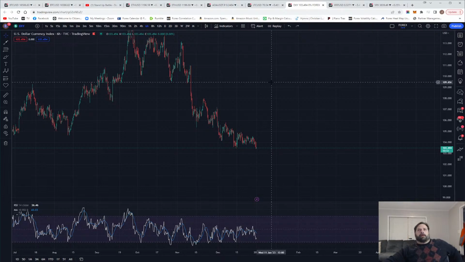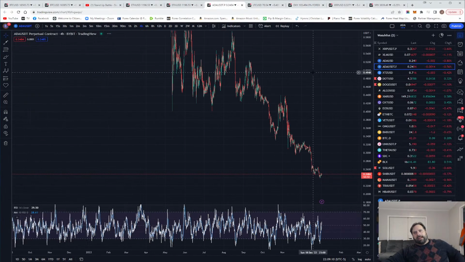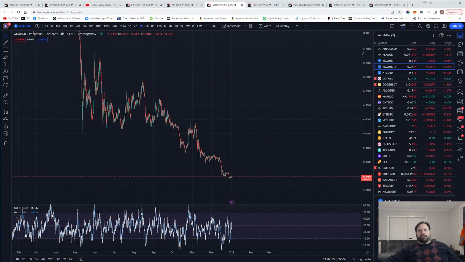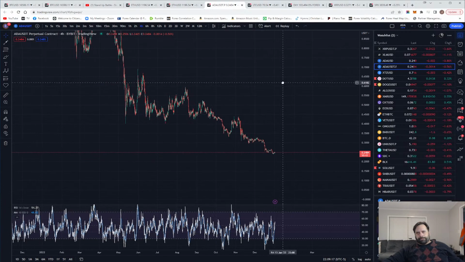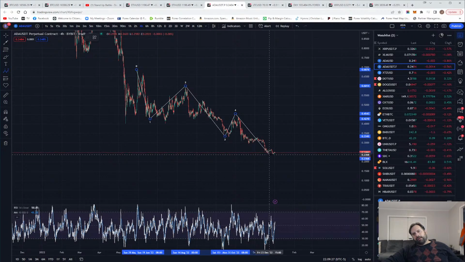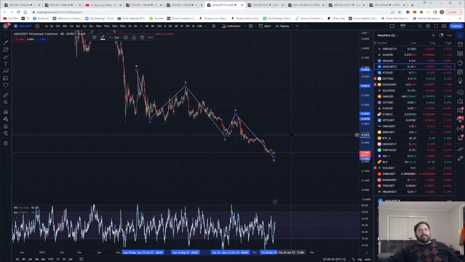Okay, for now. All right, let's look at ADA for a moment. And I'll show you what I'm seeing there, because ADA to me is a big deal in my thinking. Okay, it's a really big deal in my thinking. When I look at the structure, I see a 3-wave move up, and then I see 3 down, 1, 3 up, 2, 3 down, 3 up, 3 down. I see that as an ending diag, and it looks done.